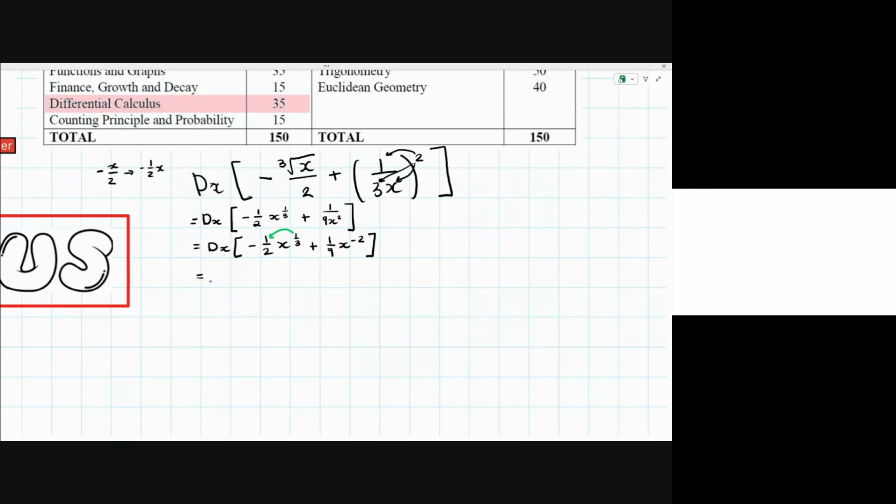Negative half times a third is negative 1 over 6x, and then we subtract 1 from the exponent, so a third minus 1 is negative 2/3, so it's the power negative 2 over 3. Move on to my second term, do exactly the same thing. Exponent times coefficient, so negative 2 times 1 over 9 becomes negative 2 over 9. X to the power, subtract 1 from that exponent, leaving me with an exponent of negative 3.